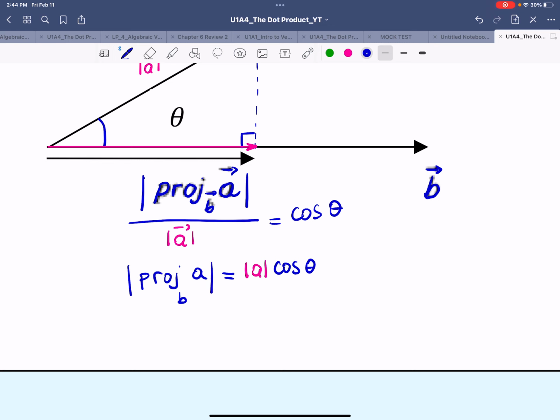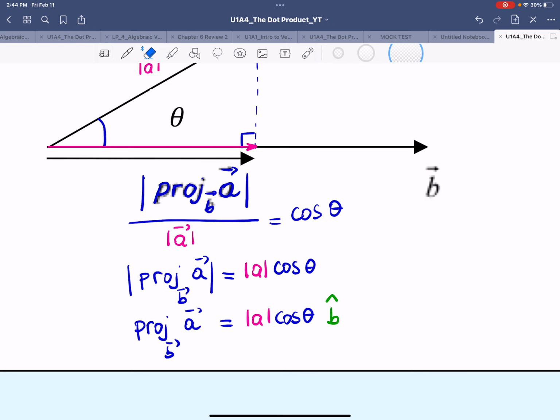And now we're thinking, okay, so we got the magnitude, but how about the vector value of the projection? So we said that this vector will have the direction of vector B. So it makes sense to say that to follow the direction of B, we have to multiply by the unit vector B. So I'll write down here unit vector B. I'll make this green as well, just to connect them.